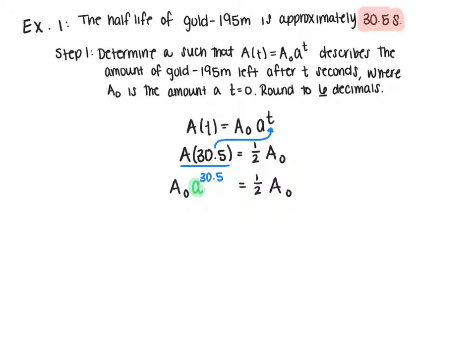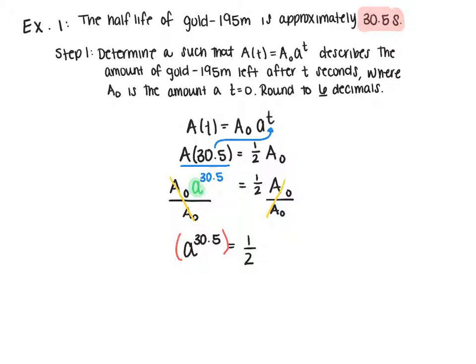To get rid of the A0 in front, I'm going to divide both sides by A0, and it ends up crossing out on both sides, so I'll be left with A to the 30.5 equals 1/2. I'm trying to get A by itself.